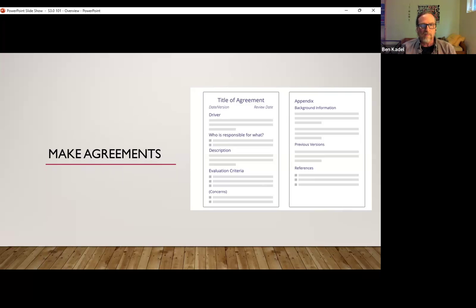We are making agreements for a certain period of time, for the amount of time that it's reasonable for that agreement to exist. And we know we're going to come back to it at some point and reevaluate whether or not those agreements continue to make sense. So when you make the agreement, that's actually one of the things that you're going to include. When are we going to come back and look at this agreement and revisit it?